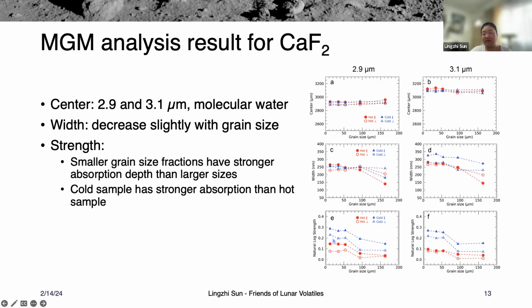With grain size variation, they fall into two groups: the smaller grain size fractions have stronger absorption than the larger size fractions.